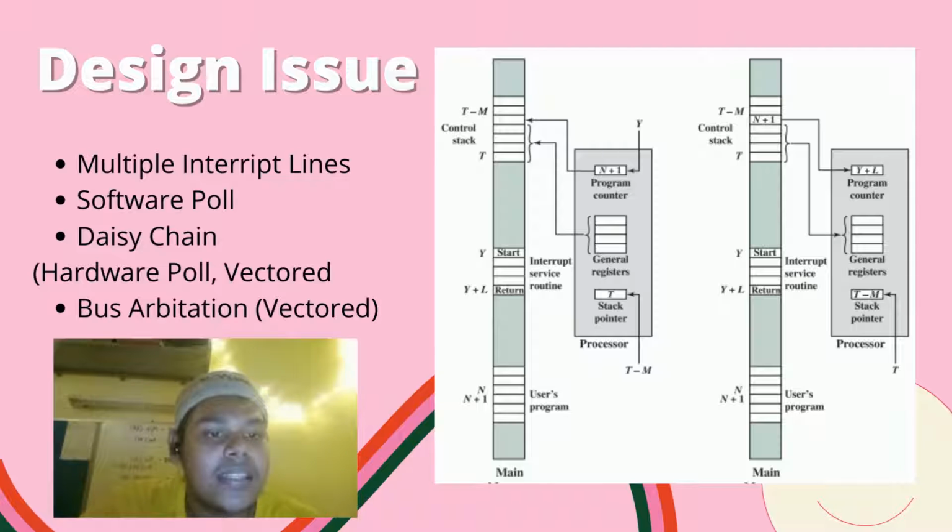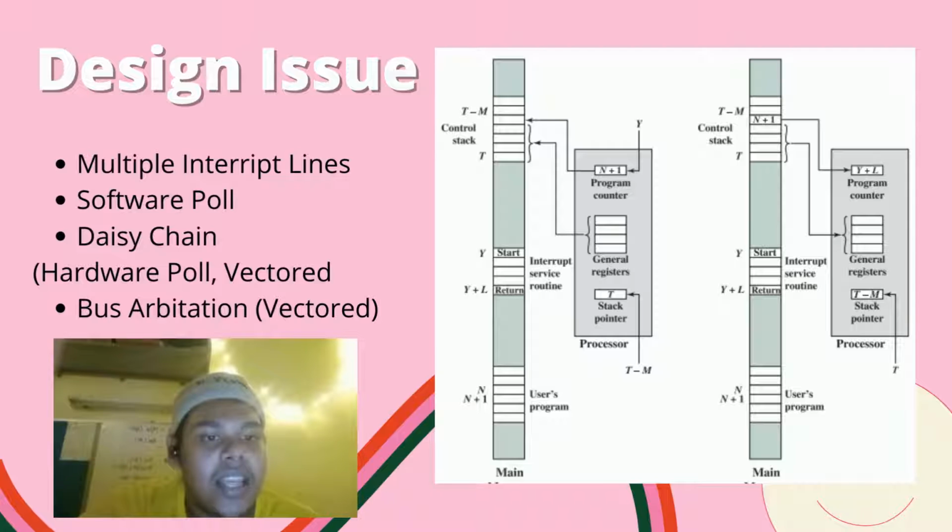When the processor senses an interrupt, it sends out an interrupt acknowledgement. This signal propagates through a series of input-output modules until it gets to a requesting module.